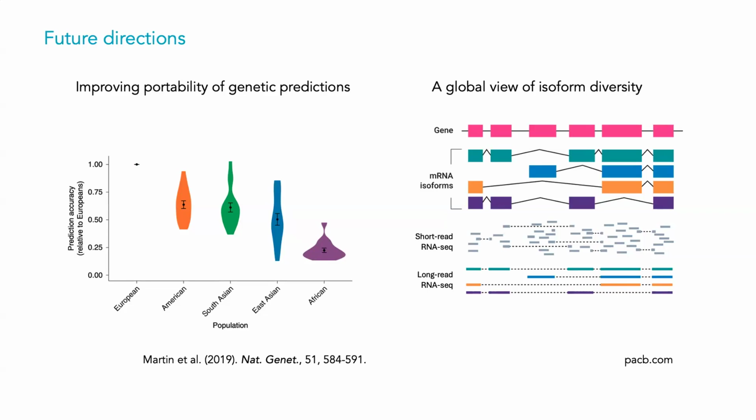In addition, in collaboration with PacBio and Danny Miller's lab at the University of Washington, we're now using Kinnex long read RNA sequencing technology to achieve better resolution of isoform diversity from these same cell lines. And so there, rather than getting short reads that are ambiguously mapping to isoforms, we get a full length view of the isoforms.